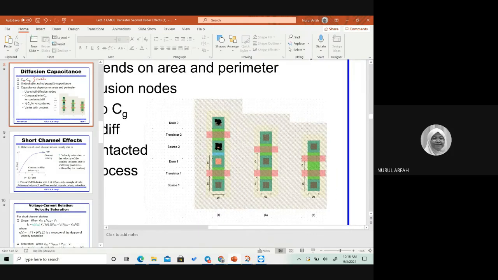Let's say you have one layer here and another layer here. You need a metal layer, a metal to contact these 2. Okay, so maybe this is level 1 and another one is level 2.